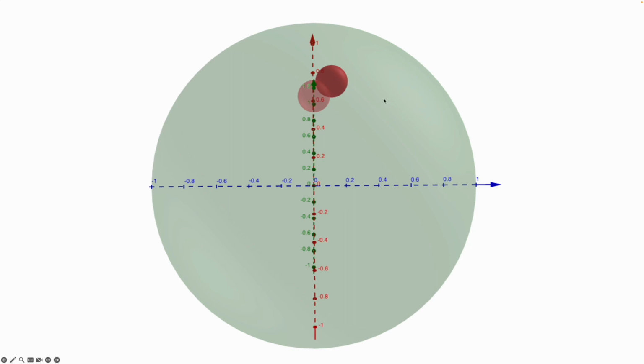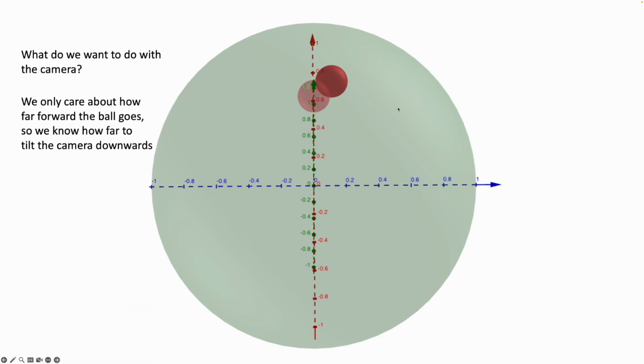And we don't know how this would change the look vector. What do we want to do with the camera? Since we are assuming no rotation in the mouse right now, we only want to see changes of the look vector by moving forwards. In other words, we only care about how far forward the ball goes so that we know how far to tilt the camera downwards in this case.